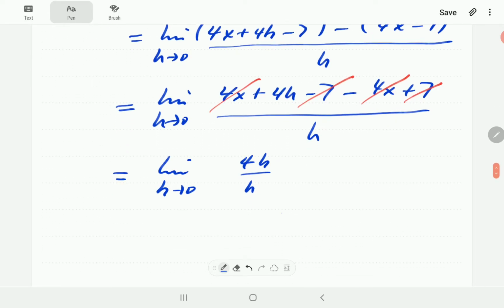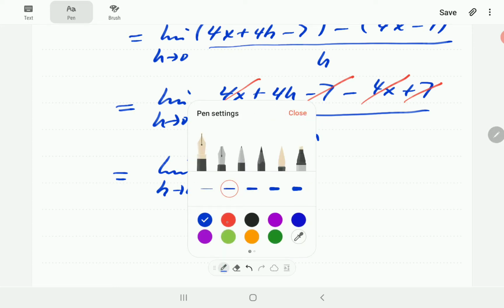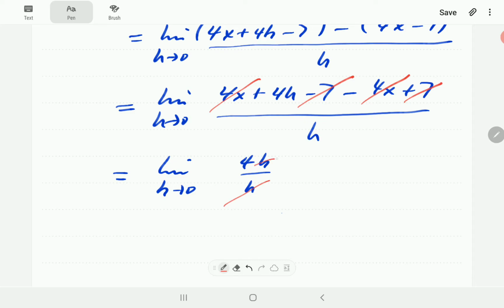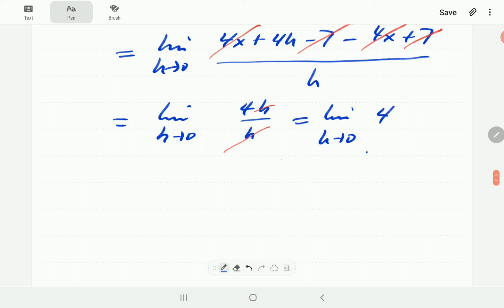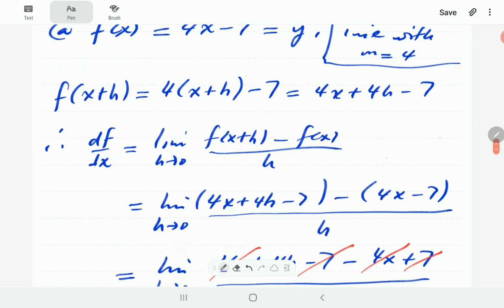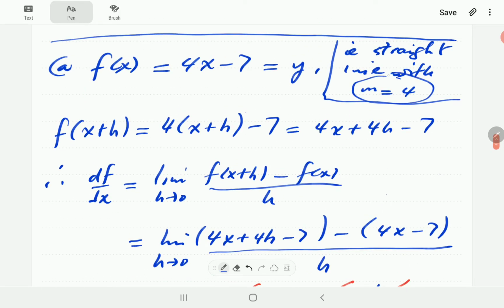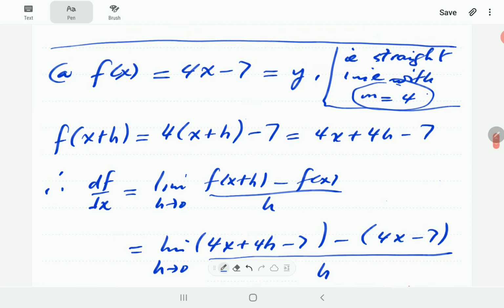Now we see we have that common factor of h like we were saying, so that one cancels out, and so we now have the limit as h goes to 0 of 4, which as you can see does not involve h. So if we substitute h equals 0, we get 4 anyway, which is what we expected, because we said the gradient of this line is 4.